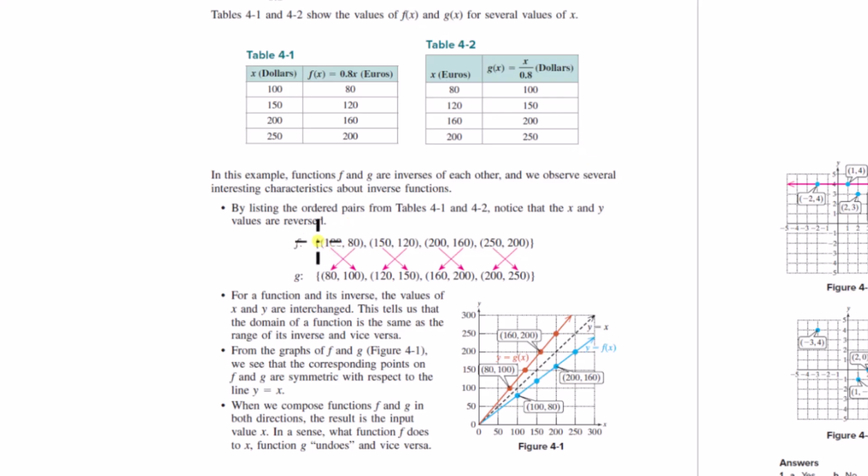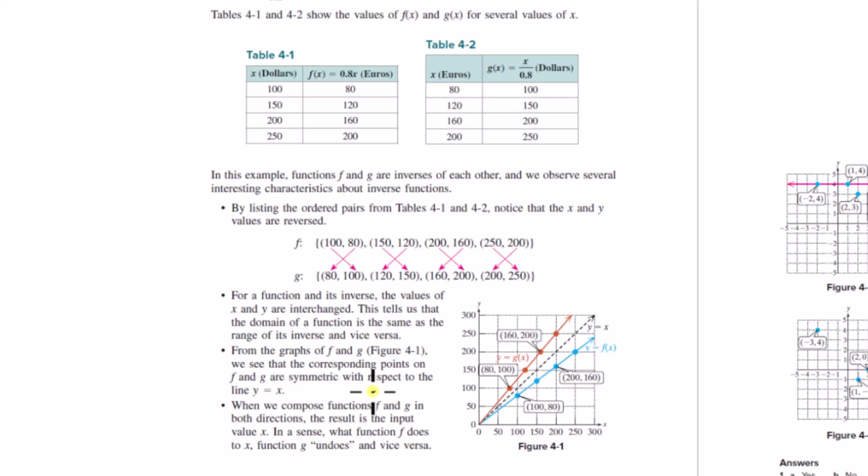Here it was $100 is 80 euros, but for g, 80 euros is $100. So for a function and its inverse, the values of x and y are interchanged. This tells us that the domain of a function is the same as the range of its inverse and vice versa. That makes sense.